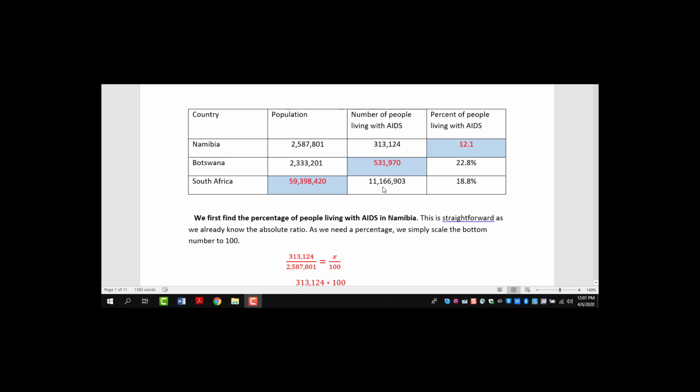Now this is the third question. This is the one students usually have trouble with. You know the number of people living with AIDS, and you know the percent of the population that has AIDS. So we can still create a proportion. This is the first ratio here. 18.8% is a ratio because it means 18.8 over 100.